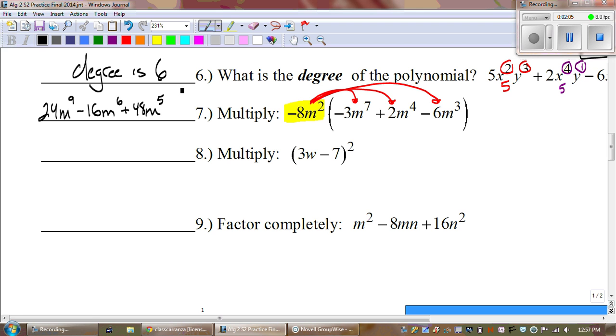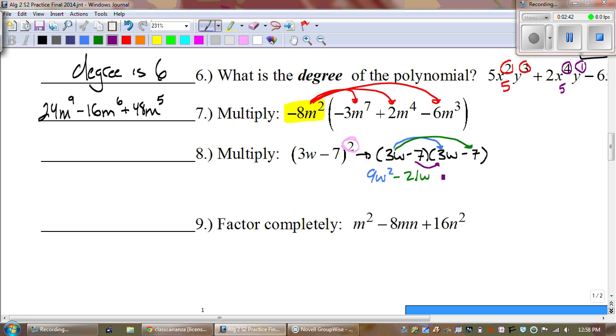Okay, number 8. We're multiplying again, but we have to make sure to pay attention to that exponent. That means 3w minus 7 times 3w minus 7. Okay, and to solve this, we have to distribute. 3 times 3 gives us 9w squared. 3w times negative 7 gives us negative 21w.